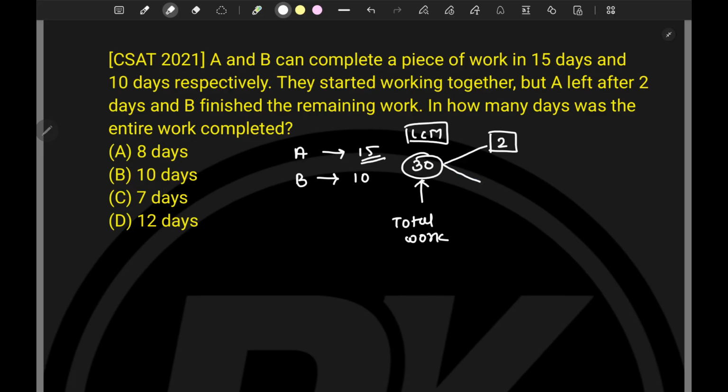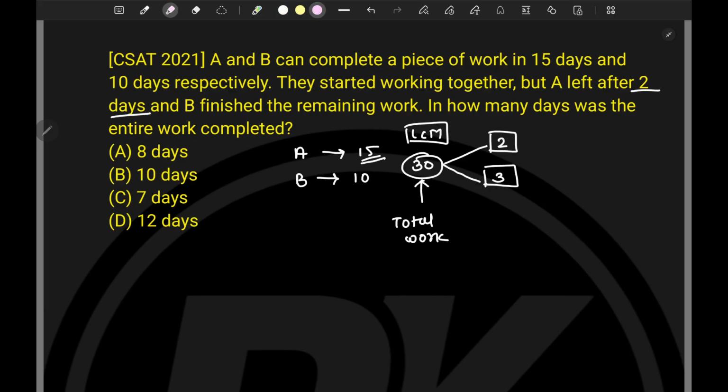And again B is doing the job in 10 days. To complete the 30 portion of the work, again 30 divided by 10, then how much? 3 portions of the work he will complete in one day. Now what it is saying is that they started working together, but A left after 2 days.